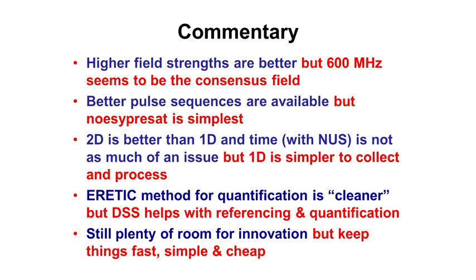You can use electronic reference methods for both getting a reference standard and reference chemical shift, and also for quantification. But having DSS actually helps a lot, and again, it's something that everyone still uses, both for referencing and for quantification.